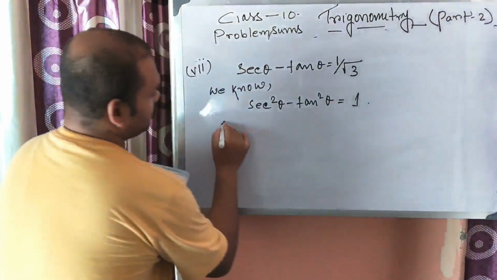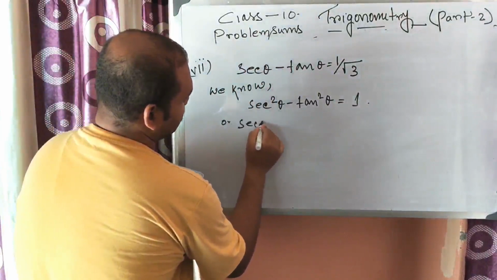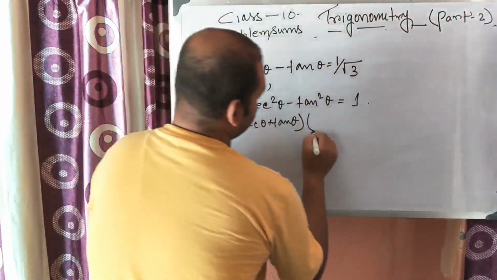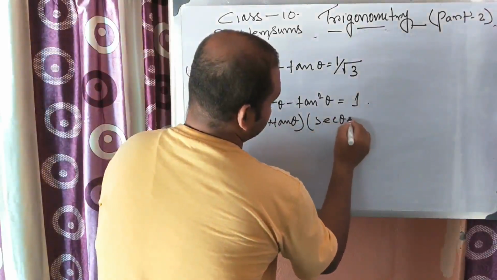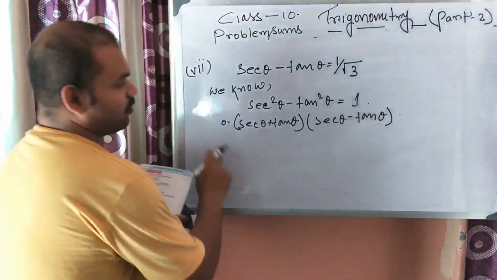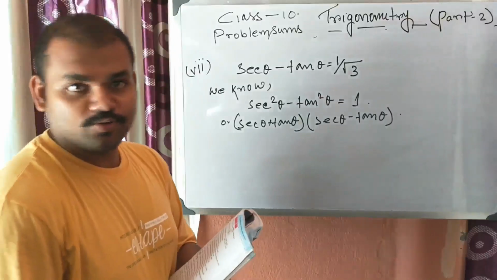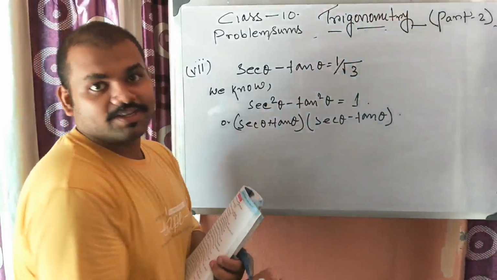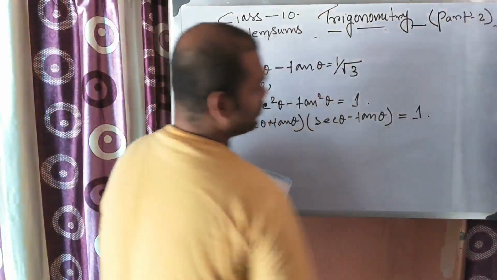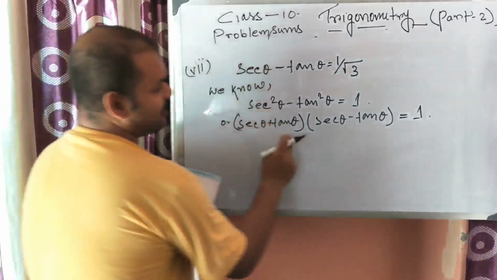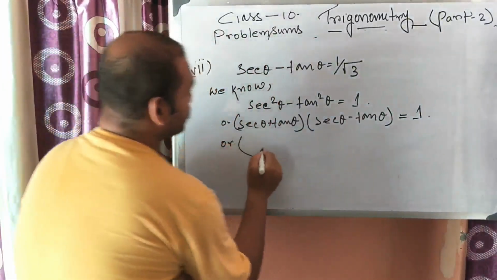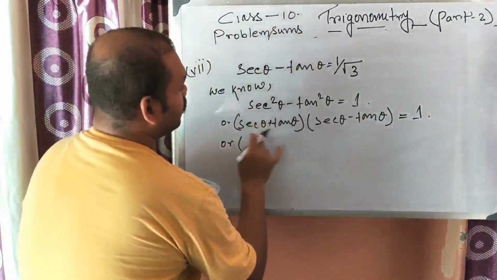Or you can write sec theta plus tan theta into sec theta minus tan theta. Is this formula right or wrong? You know the formula, right? It is right. It is a square minus b square equals a plus b into a minus b. Very good, you have remembered this formula.